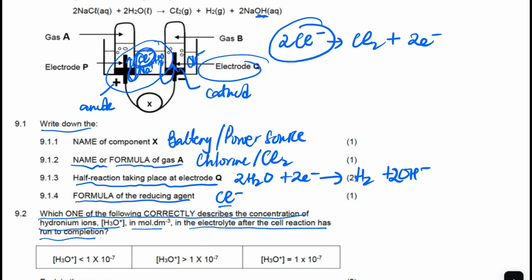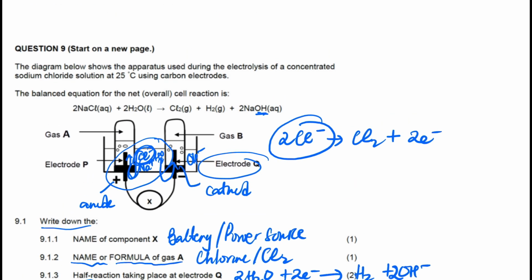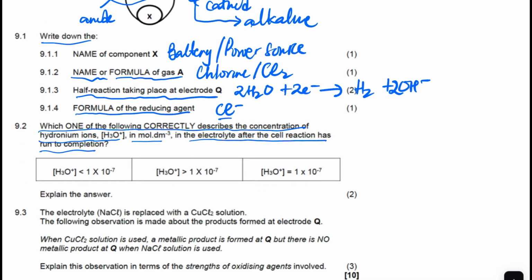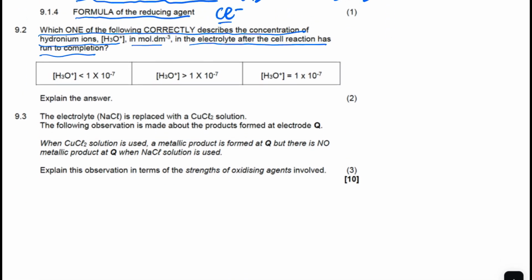Always, guys, when you have the electrolysis of concentrated sodium chloride, the solution is going to be alkaline, since I've mentioned that there will be OH minus formed there, even in the net cell reaction. So the answer here, since it's basic, means the concentration of the hydronium ion is less. So that's the answer there.